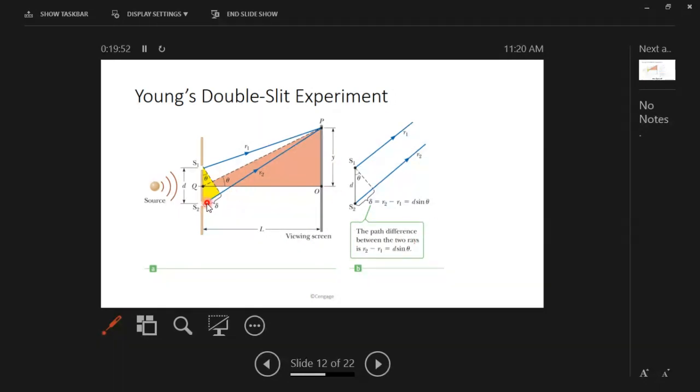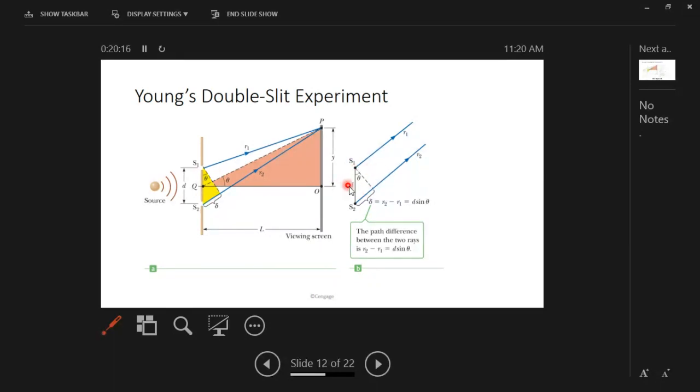And now, if that's the case, since these two light rays are going to meet each other very far away, when you look at them very close to the slits, as I have drawn here, they appear to be almost parallel to one another.